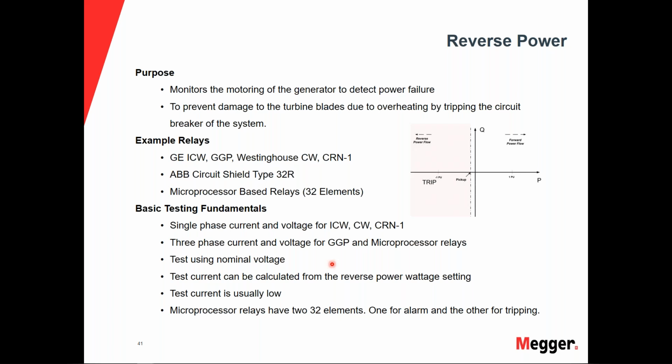Some electromechanical relays only allow you to test in a certain manner. What we do try to do is, if possible, test how it's actually hooked up in the system. Test using nominal voltage, and then of course the current's going to be fairly low for that element as well. And then we're also going to give an alarm or a trip.